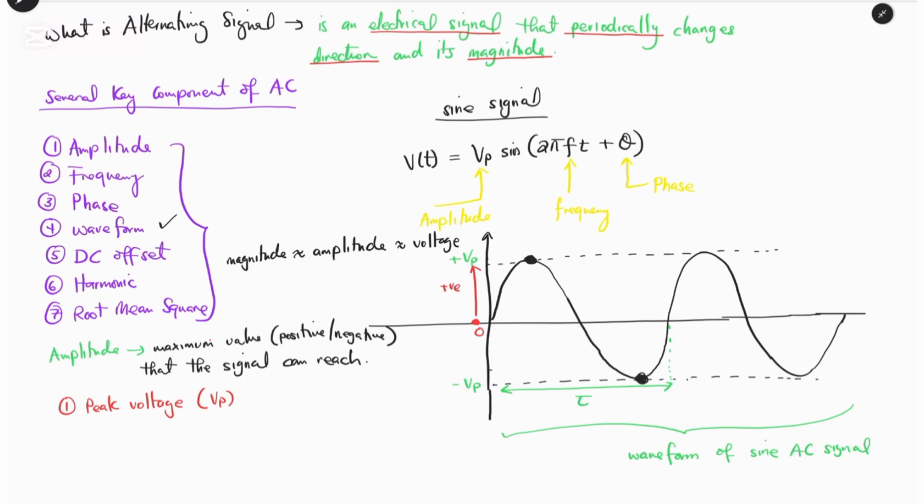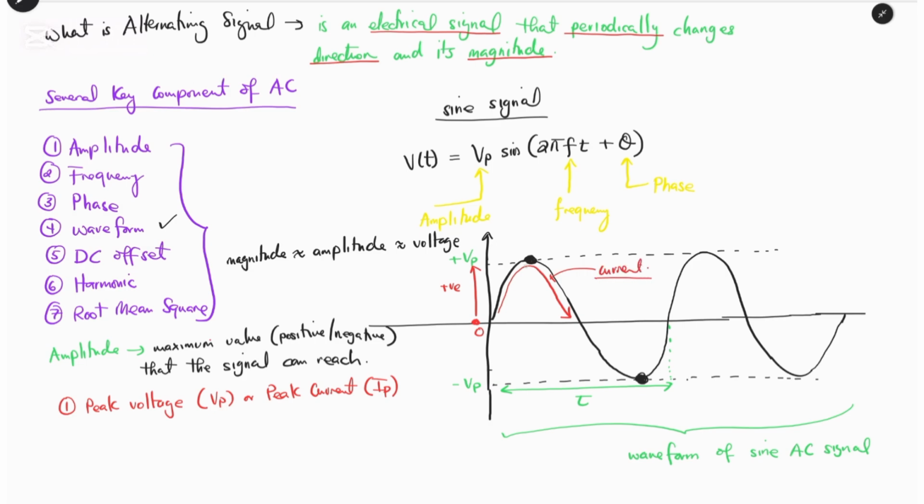Therefore, the peak voltage or the peak current, Ip, that means since it is periodically changing, we can say the Vp is the maximum point where the voltage can reach, and this curve oscillation line represents nothing but the current.